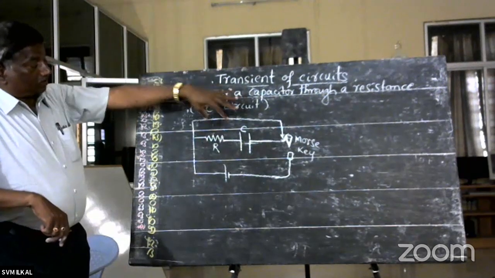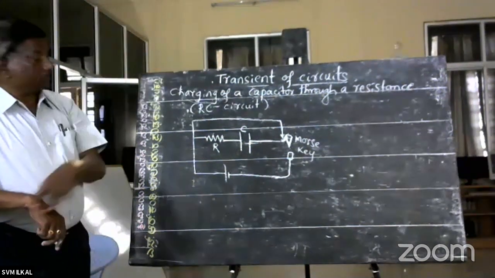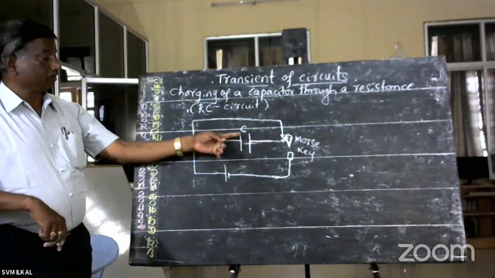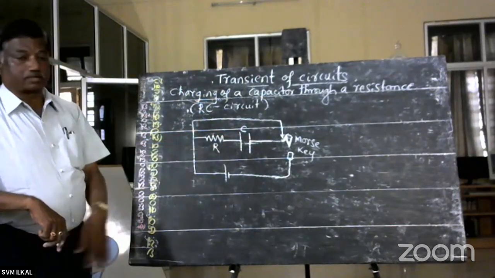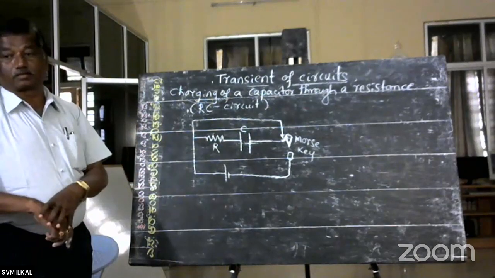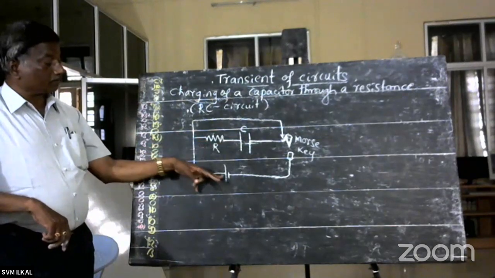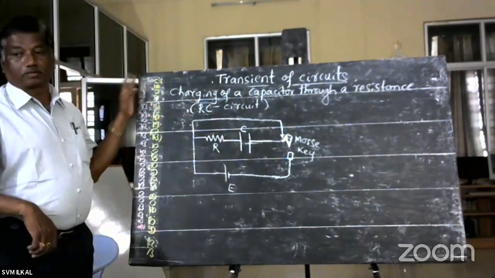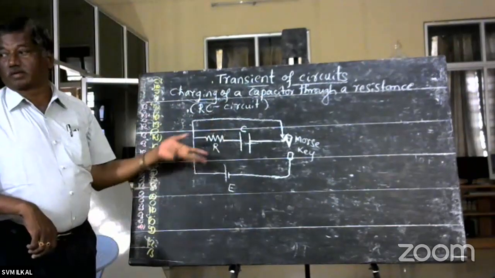See, as per the circuit, R and C are connected in series. Resistance R is there, capacitor C is there. To charge a capacitor, there must be a resistance in the circuit. Otherwise, if there is no resistance, whenever you connect the battery to the capacitor, the capacitor is automatically charged to the maximum value.